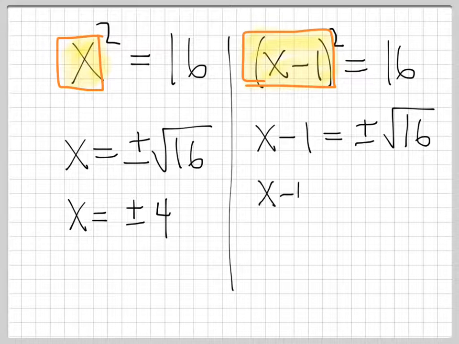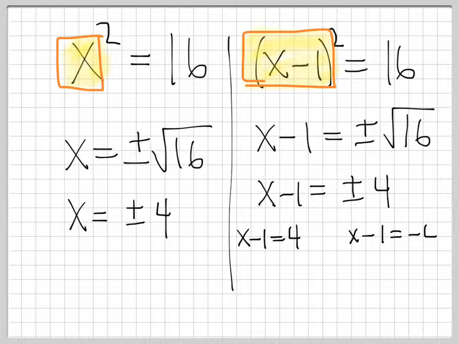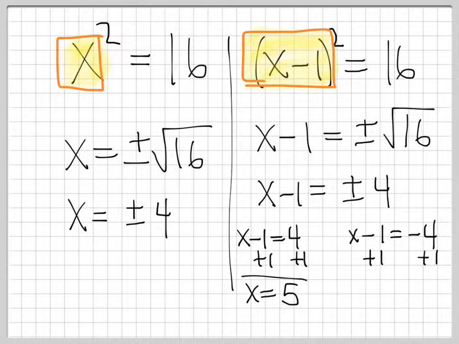So we get x minus 1 equals plus or minus 4, and if we write this as two answers, we get x minus 1 equals 4 and x minus 1 equals negative 4. Adding 1 to both sides of both of these equations, we get x equals 5 and x equals negative 3.